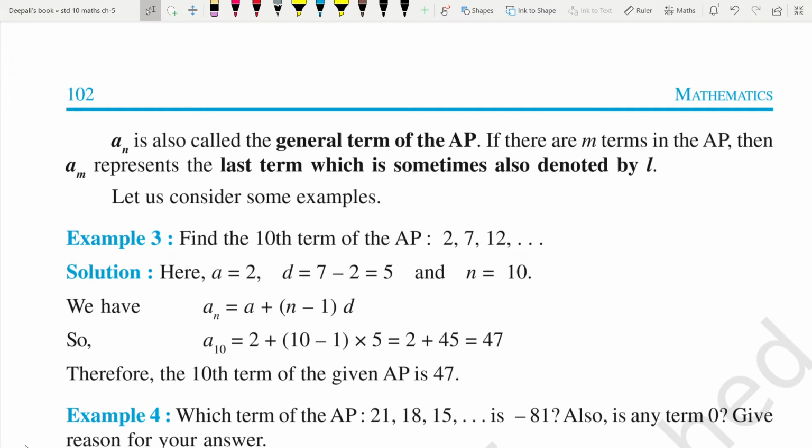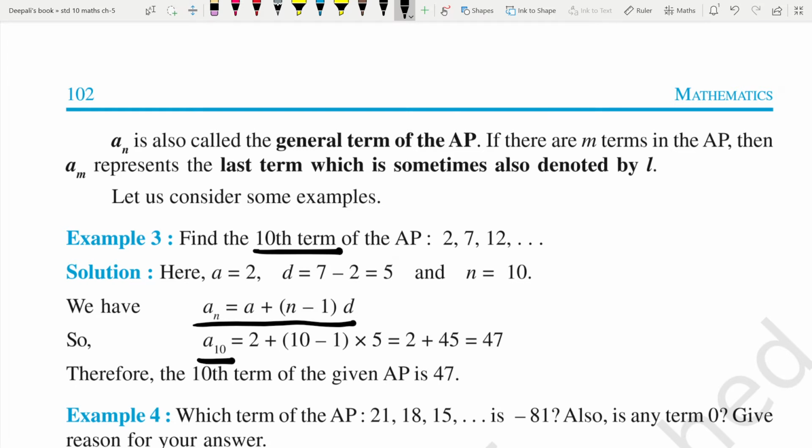Find the 10th term of the AP 2, 7, 12. Now here we know that our A is 2, D is 7 minus 2, which is equal to 5, and n is 10. Now applying the formula An is equal to A plus n minus 1 D, we are finding the 10th term.